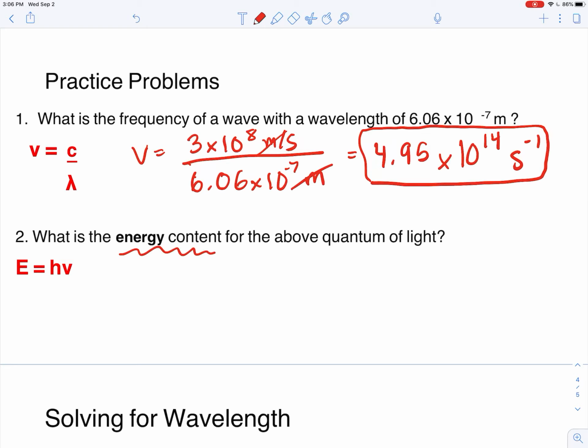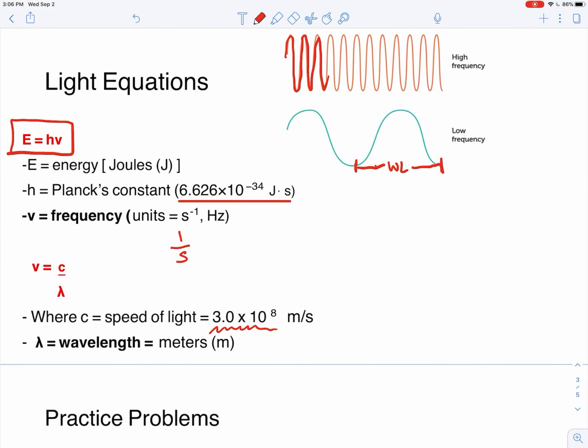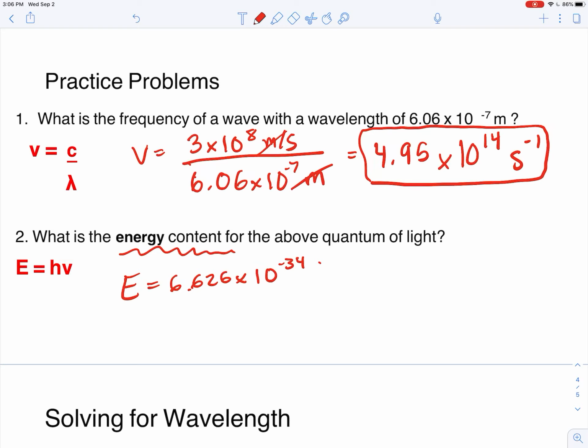Okay, what is the energy content? How much energy would this wave of light or quantum of light have? So again, we're just going to plug in our numbers. Planck's constant is this times 10 to the negative 34, and the units were joules per second.